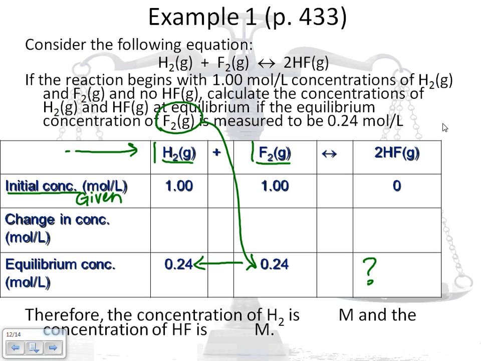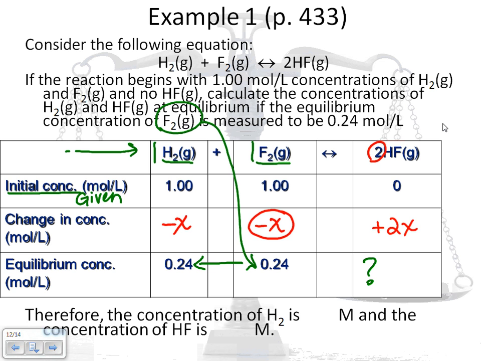But I do know that H2 is going to decrease by a value of X, and my F2 is also going to decrease by a value of X. Because there's a 2 in front here, HF is going to go up by a value of 2X. So if I can solve for X and then multiply it by 2, I can figure out my final concentration for HF. Sorry, I'll just put that back in, plus 2X.